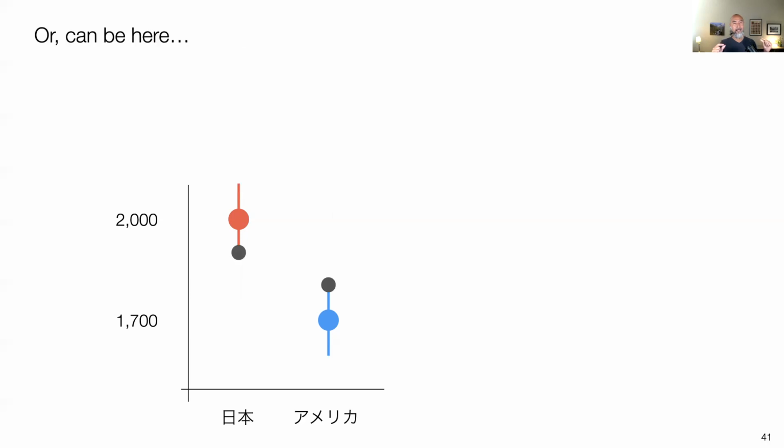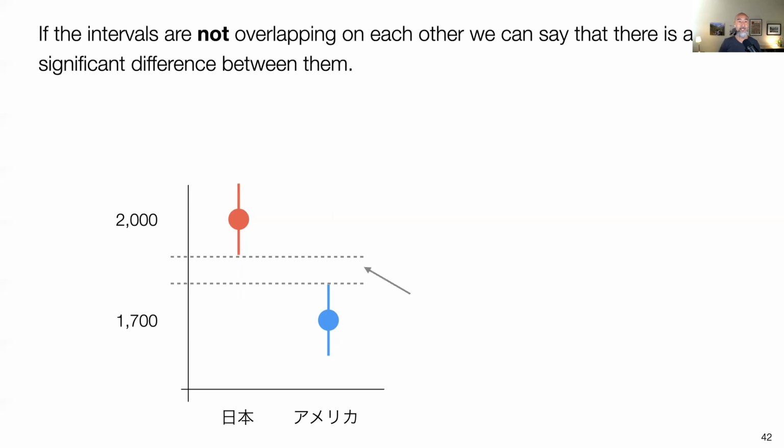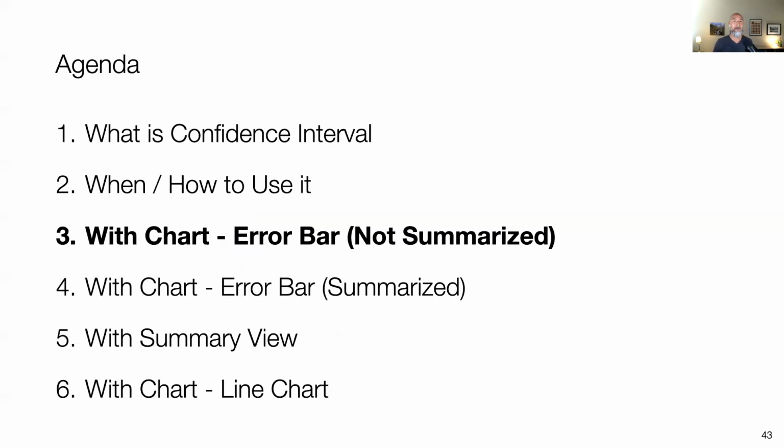Even in the extreme case, with the highest on the US side and the lowest on the Japan side, they are still different. We can say Japan is higher than US in this case. So the important thing here is that the confidence interval lines are not overlapping. Therefore we can say there is a significant difference between them. That's how you use it.